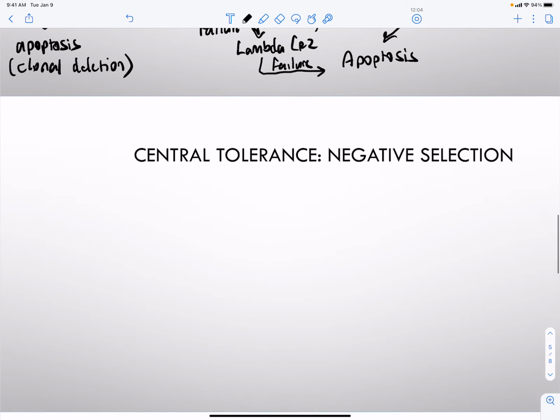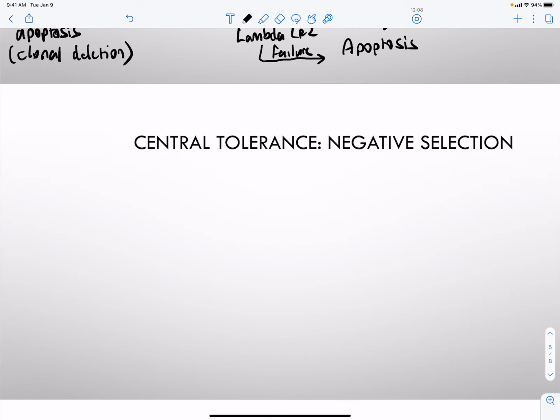Okay, so now let's just talk about central tolerance a little bit. So central tolerance in essence occurs in the primary lymphoid tissue. And the only two primary lymphoid tissues are the bone marrow, and this is for B cells.